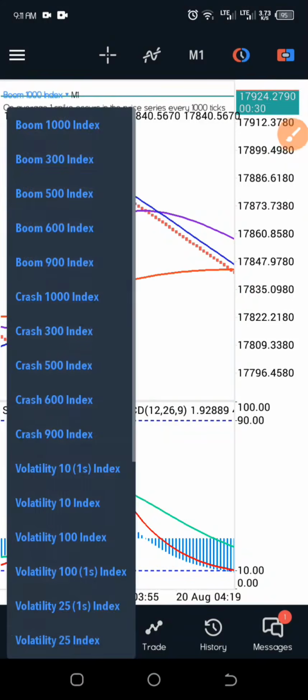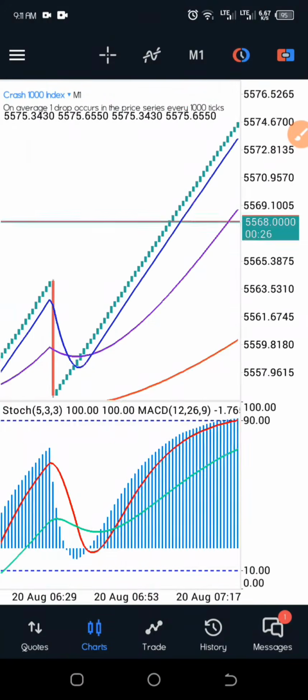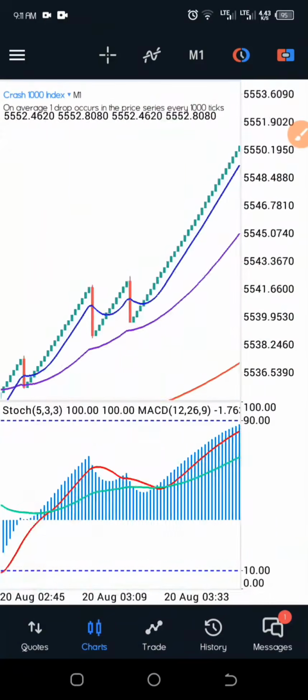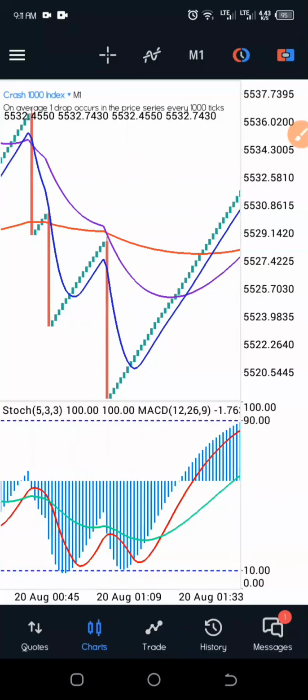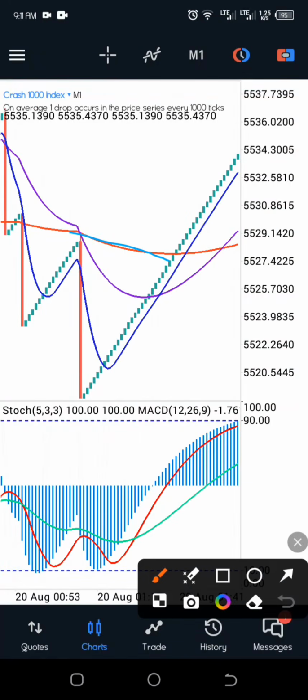Okay, so let me go to Crash. I'm going to show you guys how the strategy works on Crash as well. Now, one thing you also have to note is that when the red moving average is not below the price on Boom, you don't have to take a trade.